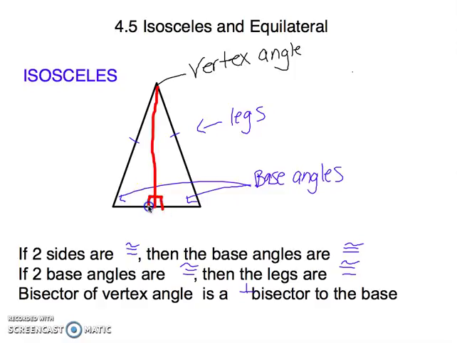So I could draw these angles down here to the base. So that means we would have equal angles up here as well as equal angles down here. So if you see a picture of an isosceles triangle where the vertex angle is being cut, where it touches the base, it has to be a perpendicular bisector.